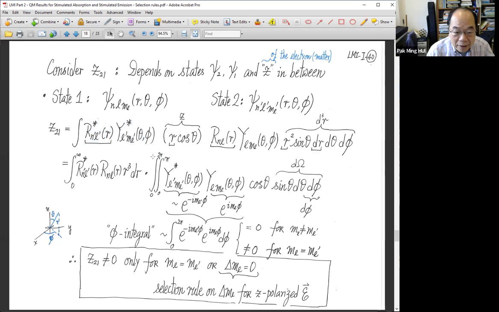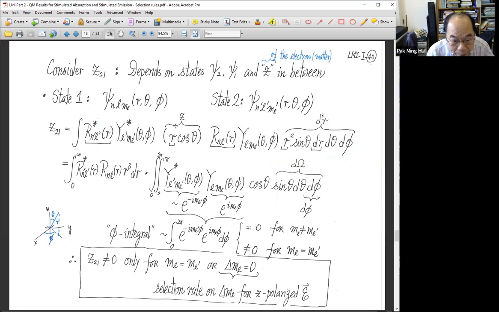Okay. Now, there are angular integrals. Let's sort them out. Spherical harmonics. We have sine theta d theta d phi. This is called the solid angle, d omega.